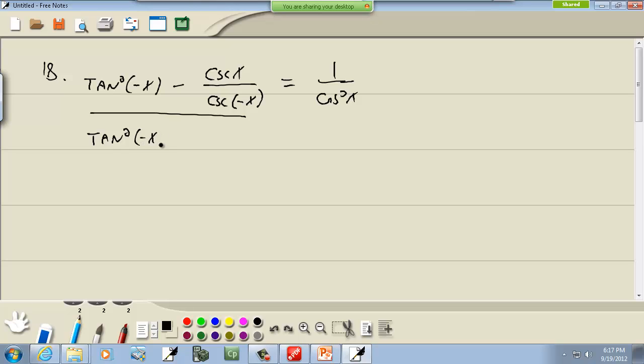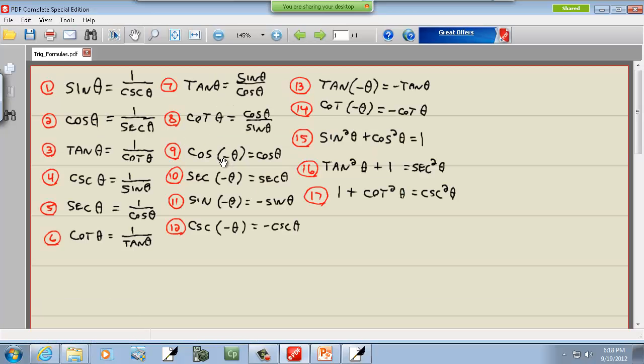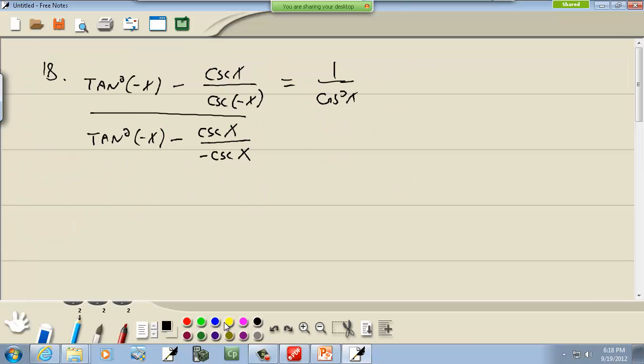We'll come back to the tangent squared, but over here we've got cosecant of a negative angle, you can take the negative and put it out in front, like that. And that's from number 12. Now when I do that, cosecant divided by cosecant is 1.